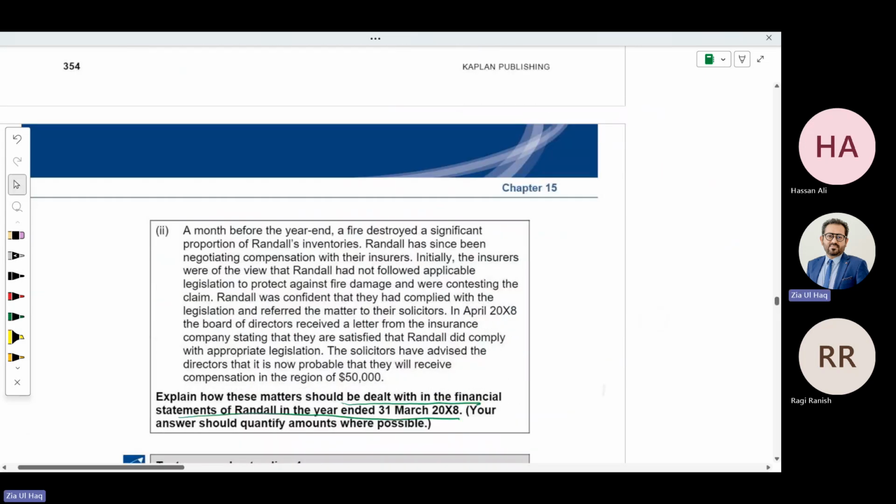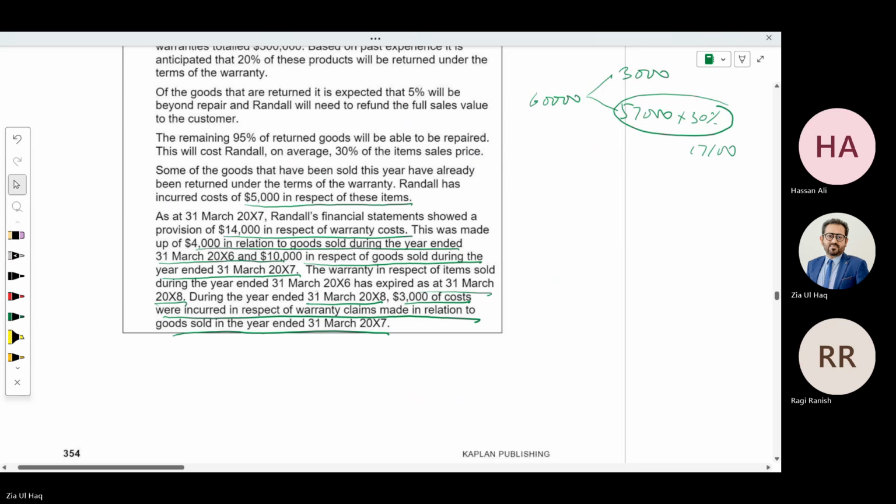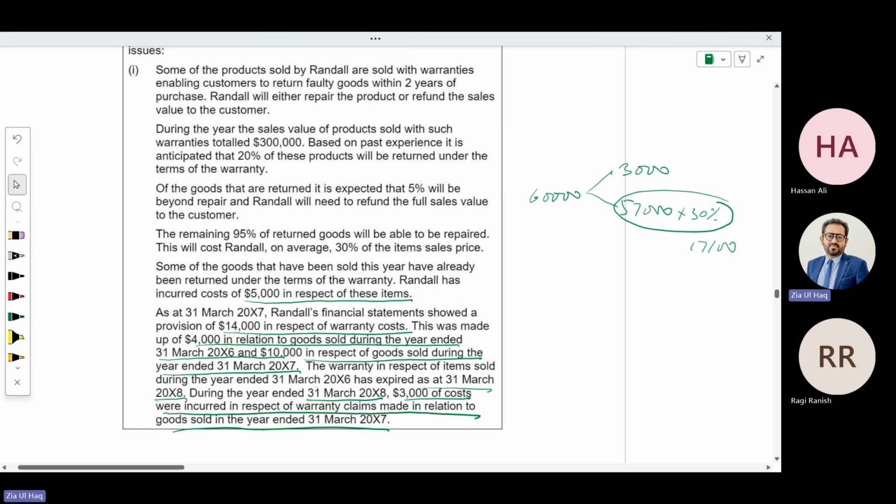What was the requirement? Explain how these matters should be dealt with in the financial statements of Rendell in the year ended 31st March 20x8. So relating to 20x7, what was the complete provision? 15,100.